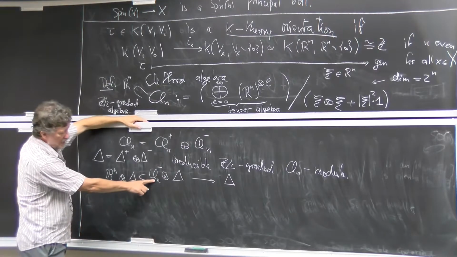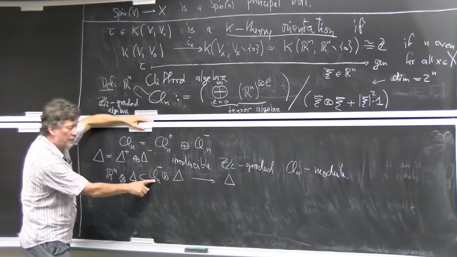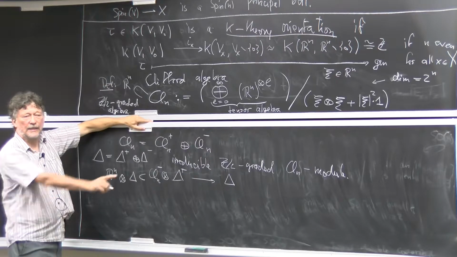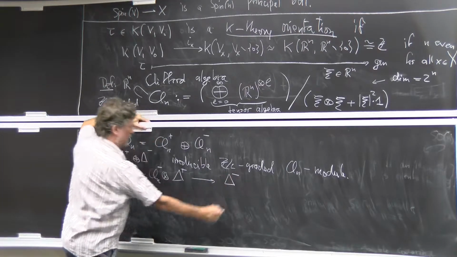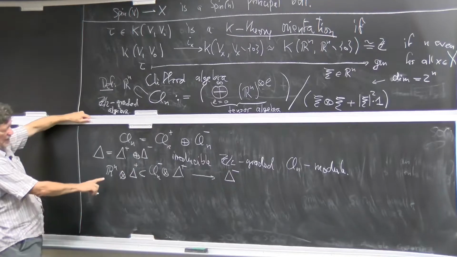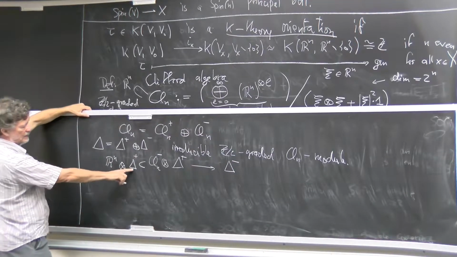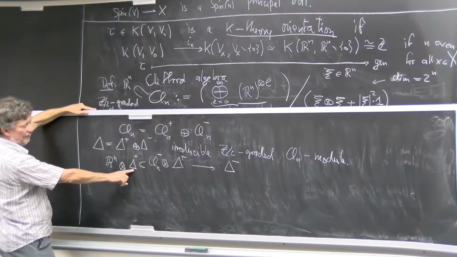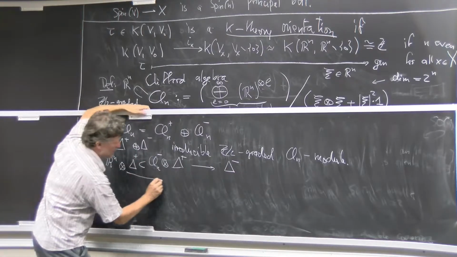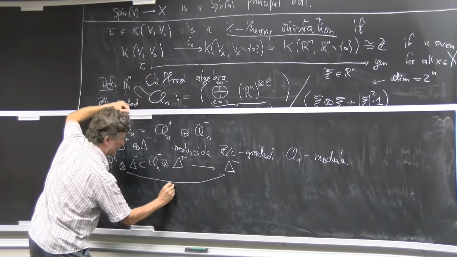Now, if I take an odd element of the Clifford algebra multiplied by an even element of my module, I get an odd element of the module. So in particular, I have a map from Rn tensor the plus part, the even part, into the odd part. And this is the central map that we'll make good use of.